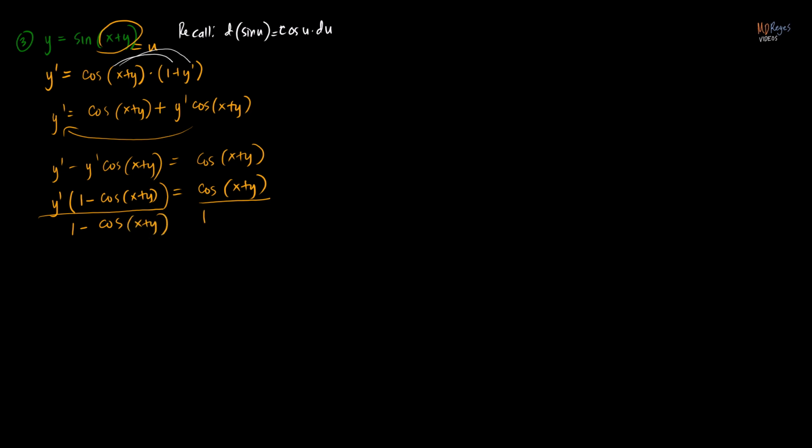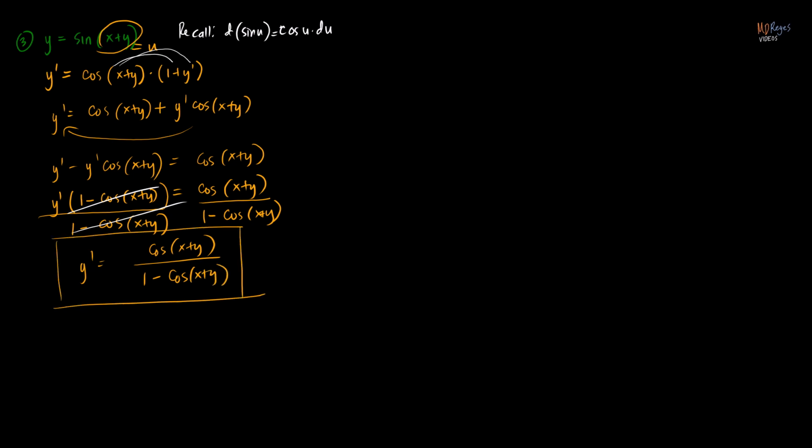Do that same thing on the right side of the equation, so this will be cancelled out. And we get y prime equals cosine of x plus y over 1 minus cosine of x plus y. This is the derivative of the function.